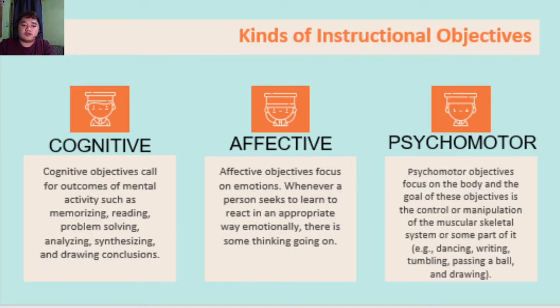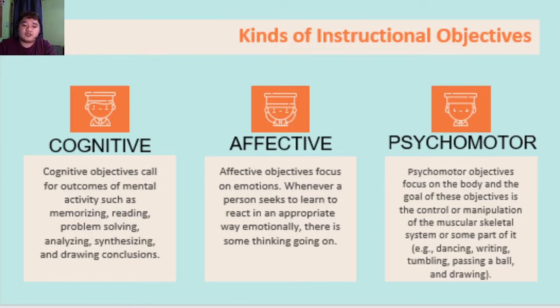Simply put, cognitive objectives focus on the mind, affective objectives focus on emotions or affect, and lastly, psychomotor objectives focus on the body. Cognitive objectives call for outcomes of mental activity such as memorizing, reading, problem solving, analyzing, synthesizing, and drawing conclusions.